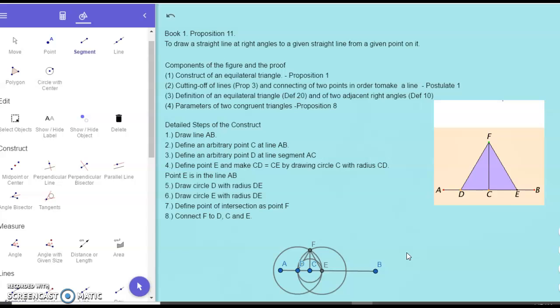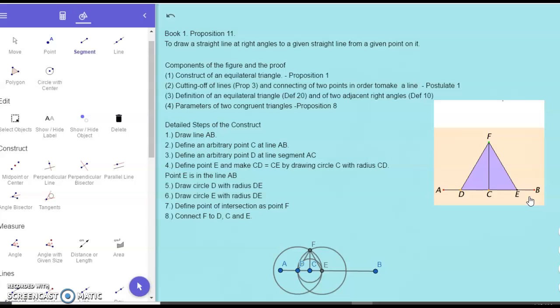So now for the proving part. Let's use this figure. Since we are trying to derive right angles in a given straight line from a given point, we have to have two right angles standing in line AB.